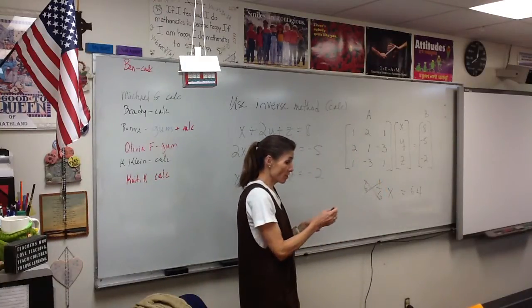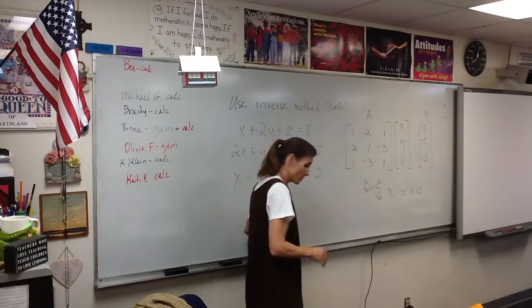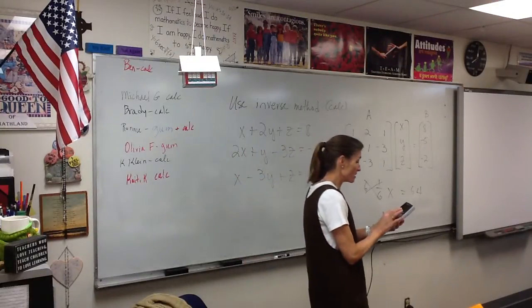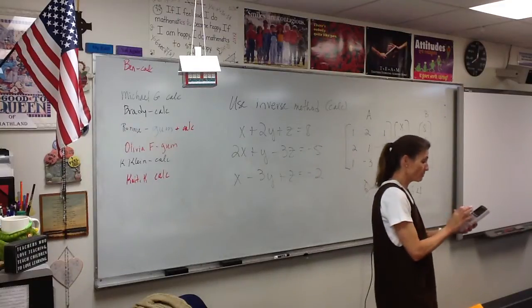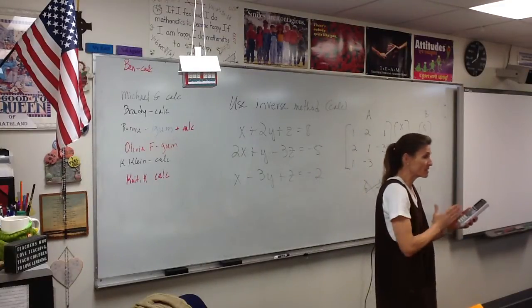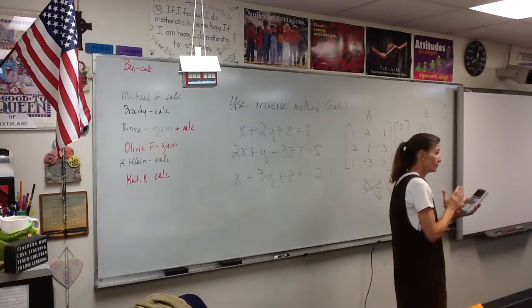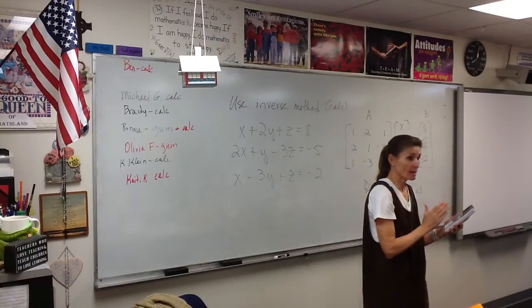So we're going to do this on our calculator. Okay? So here's what we do. Step 1. Go to the matrix menu. So go ahead and press second matrix. Everybody find the matrix button? It's in the first column. Okay, so second matrix, everybody got it?